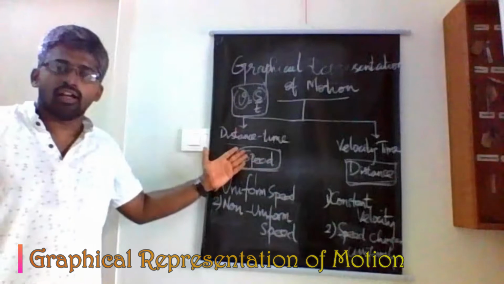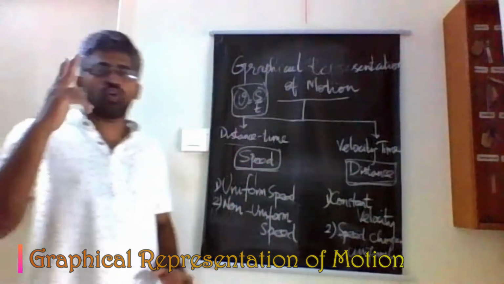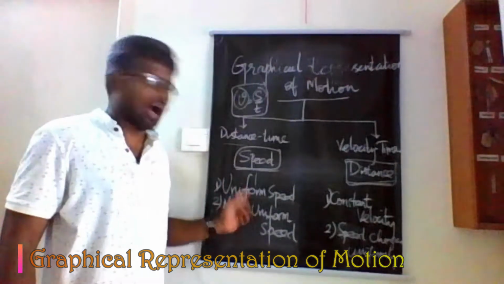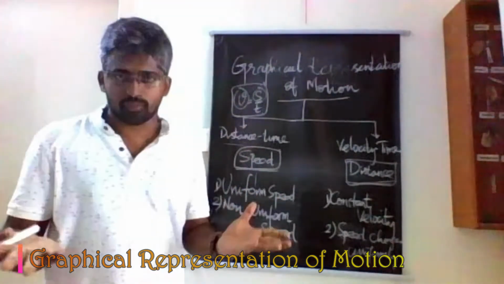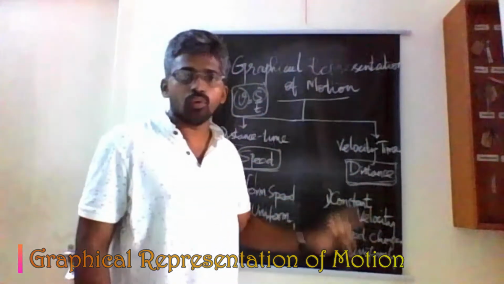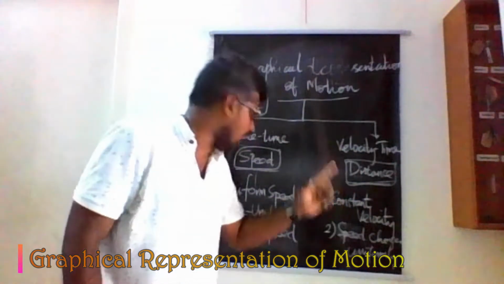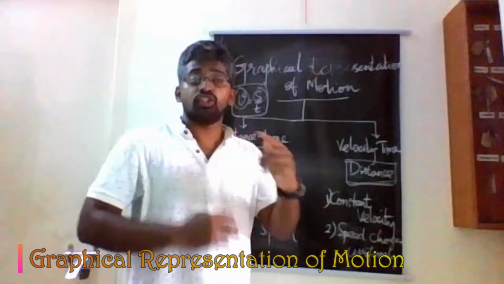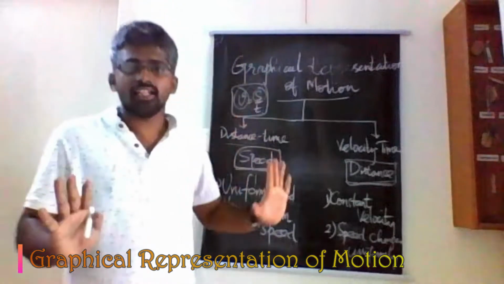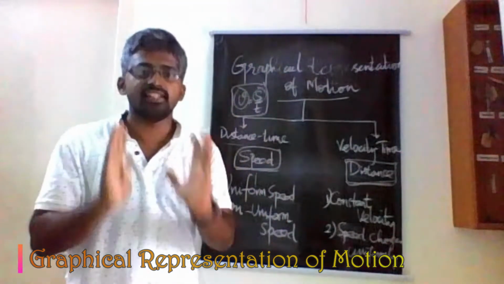In that graphical representation, there are two parts. The first one is uniform speed and the next one is non-uniform speed. In the first part, we are going to do constant velocity, and in the second part, the velocity or speed changes uniformly. So these are the things we are going to see in this lesson.